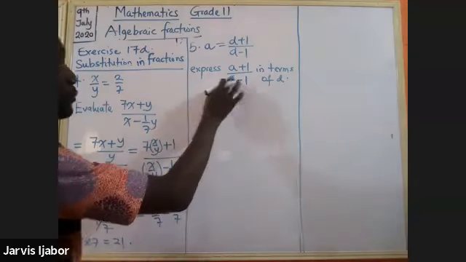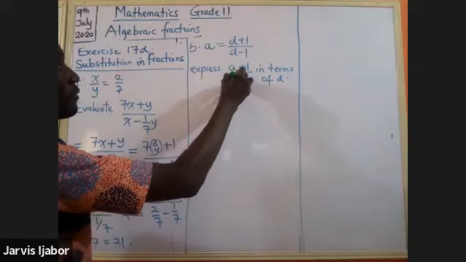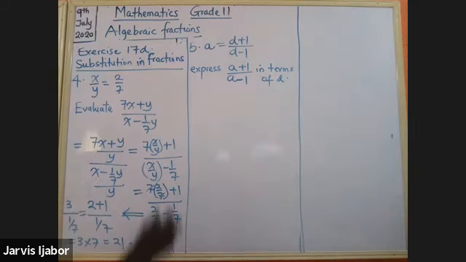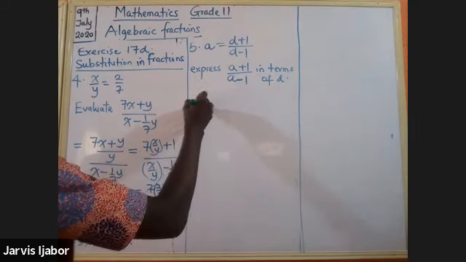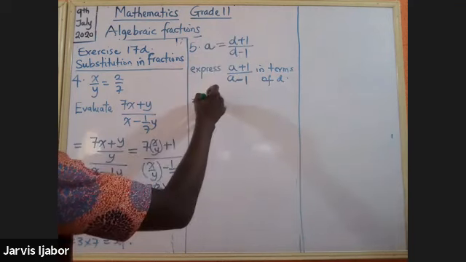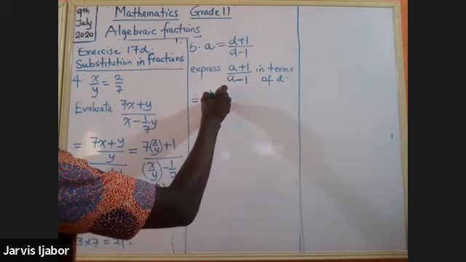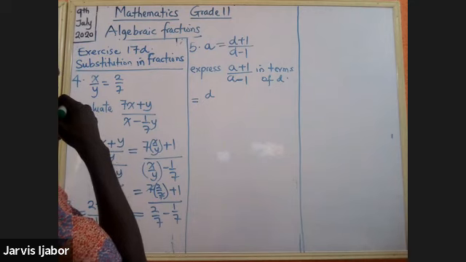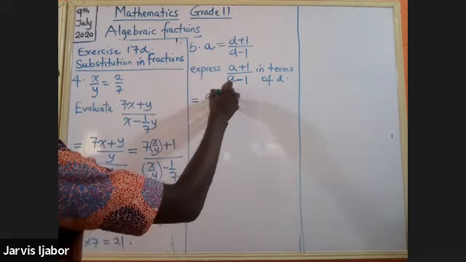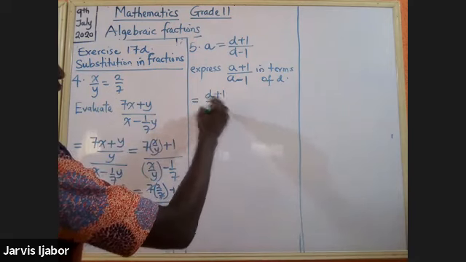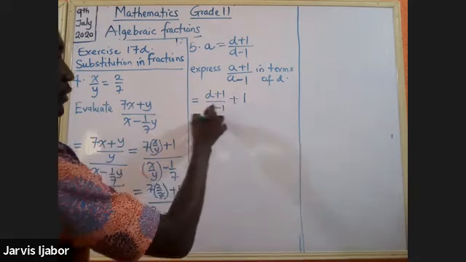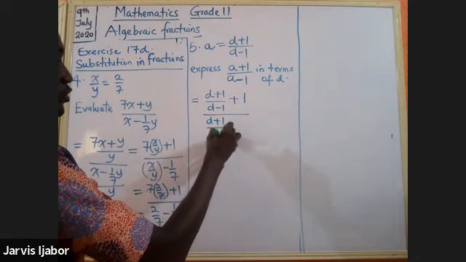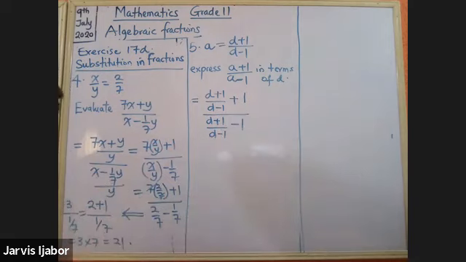This one is quite simple. So what you need to do is to make relevant substitution. So from here, this will be equal to what? Here you see A, you put this. This will be D plus 1 over D minus 1 plus 1 over D plus 1 over D minus 1 minus 1.